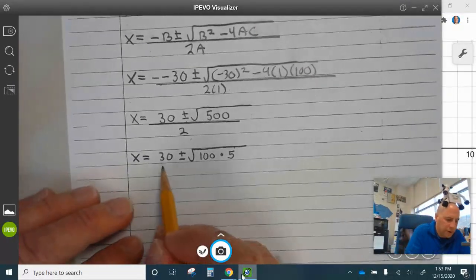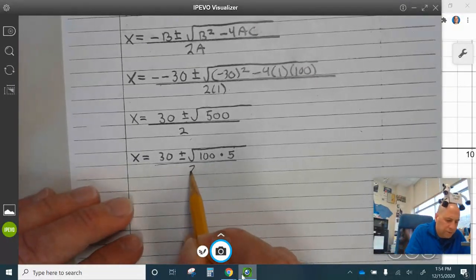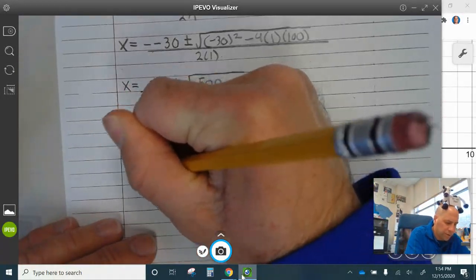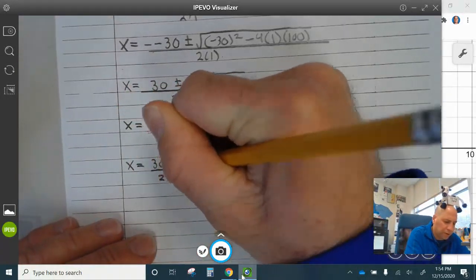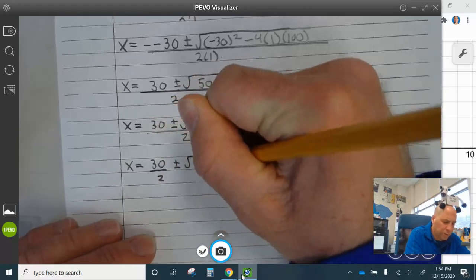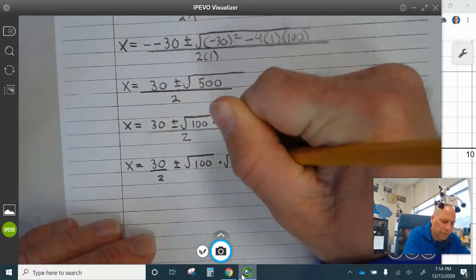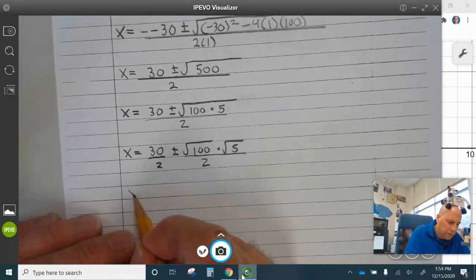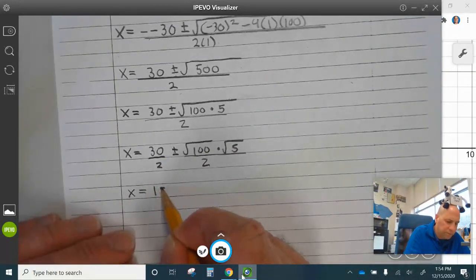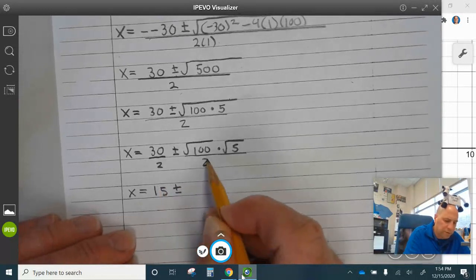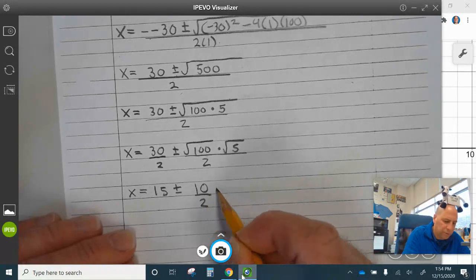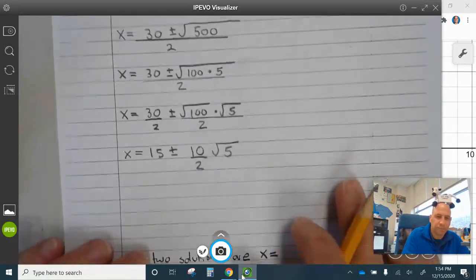All right, divided by 2. So then x equals 30 divided by 2 plus or minus the square root of 100 times the square root of 5 divided by 2. So x equals 30 divided by 2 is 15 plus or minus the square root of 100 is 10 divided by 2 times the square root of 5.